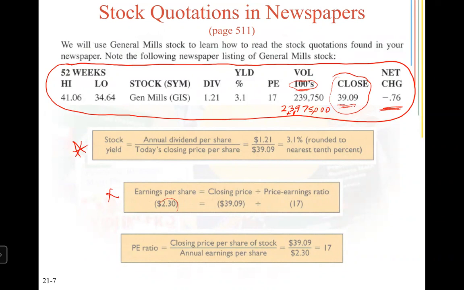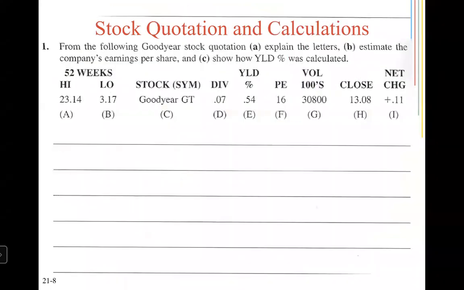And if it was a positive change, then to find out what it was yesterday, you're going to subtract. All right, so this means it fell, so that means it must have been higher yesterday. And if it says plus, that means it must have been lower yesterday. So you would subtract.